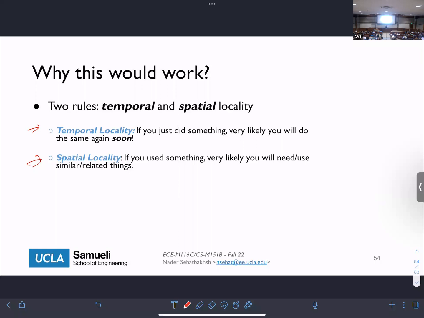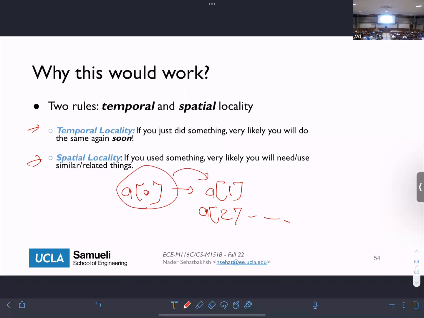For example, if I access index 0 of an array, A0, it's very likely that I'm going to use A1, A2, A3, and so on in the future. We usually call this data locality. The trick that we're going to use in the future, as we will see, is that whenever we bring A0, it's a good idea to also bring A1, A2, and A3, because we're going to use them anyway. We usually call that spatial locality.